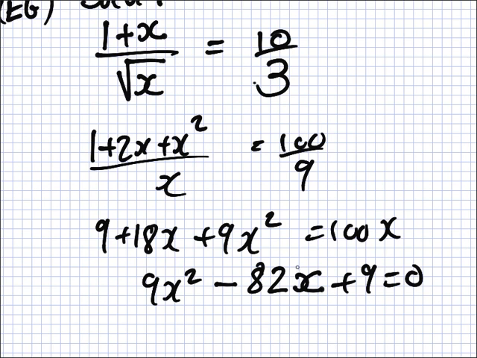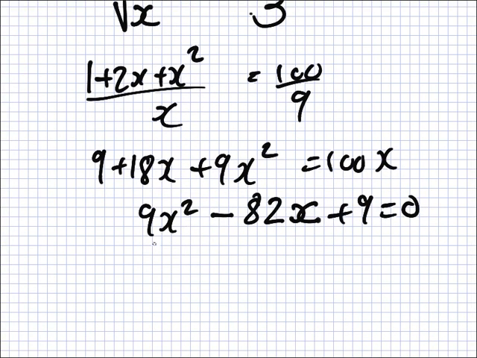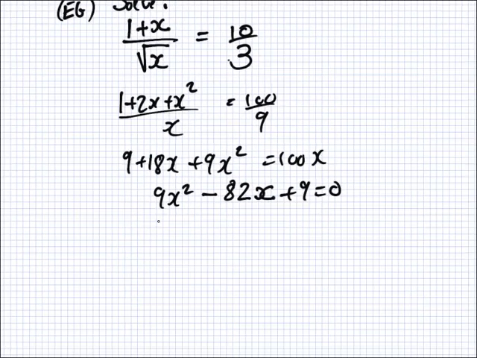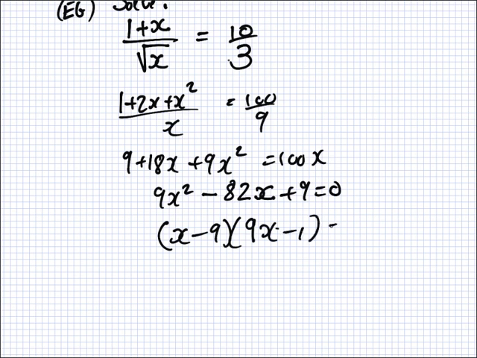I feel like something went wrong. I just multiplied by x. Yeah, and then you have to square. You should end up with this though, too. Okay. Does this have factors? Yes, it does. Is one of them x plus 9? x minus 9, and 9x minus 1.